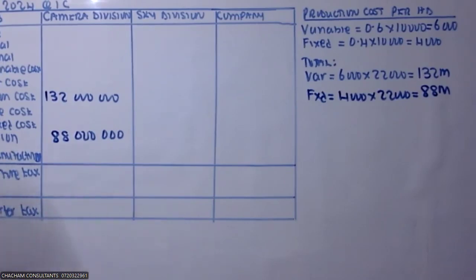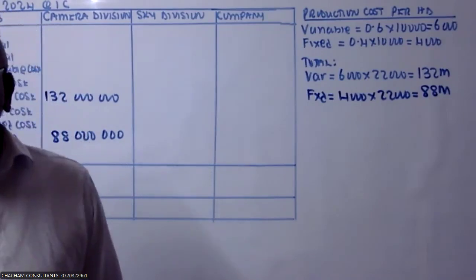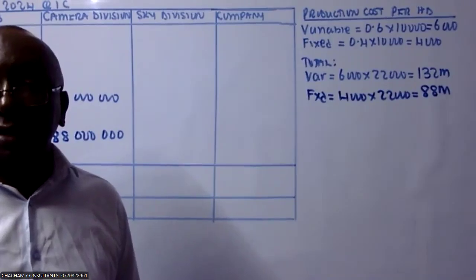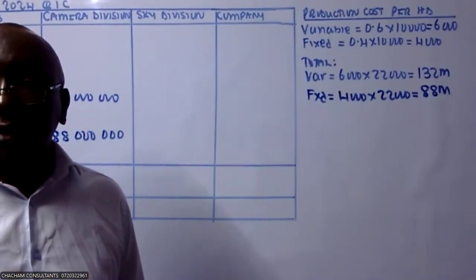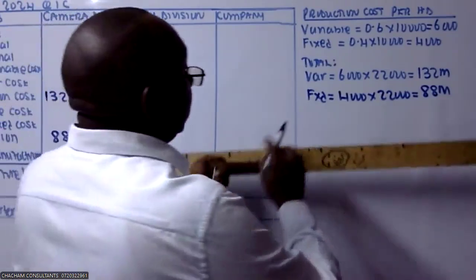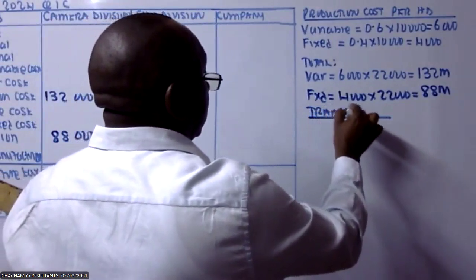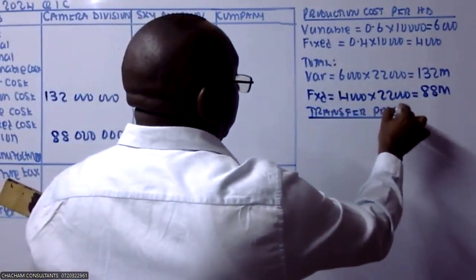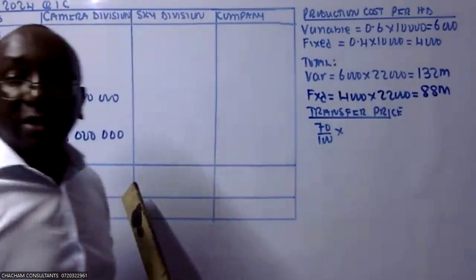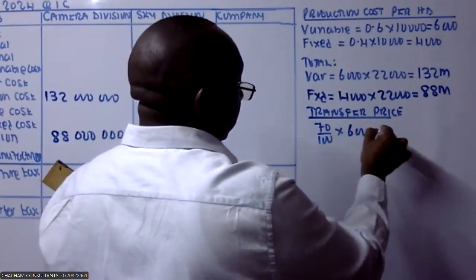So that is the production costs. Going to the next additional information, the camera division sets a transfer price at 70% of marginal cost. Transfer price is 70% of marginal, and marginal is the variable cost. So it is 70% of the 6,000.